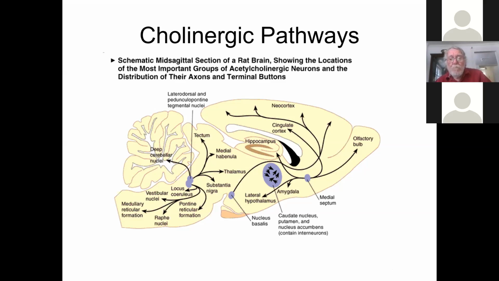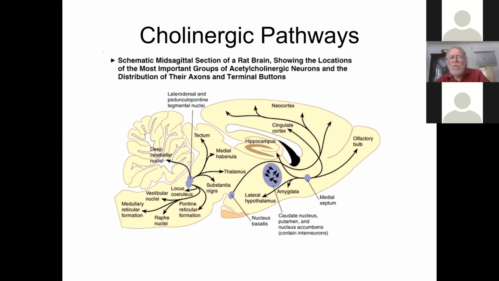So it took work using immunocytochemistry and looking at a precursor of acetylcholine, choline acetyltransferase, ChAT, and doing immunocytochemistry, and then realizing that the cholinergic cells in the brain are actually quite less distributed.